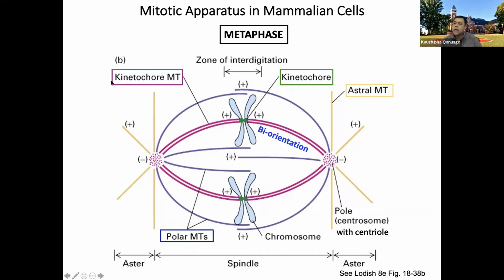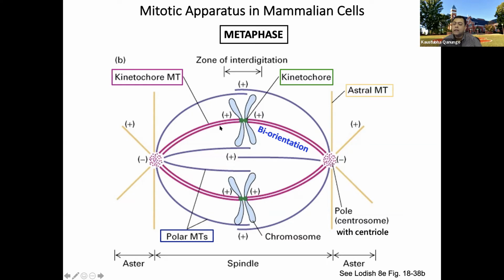These are known as the kinetochore microtubules, very specific microtubules. Their function is that they will bind themselves to the kinetochores of these chromosomes. That's the main purpose of these kinetochore microtubules.